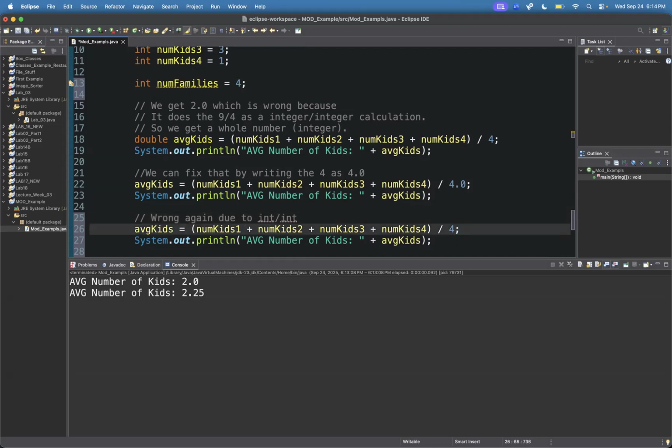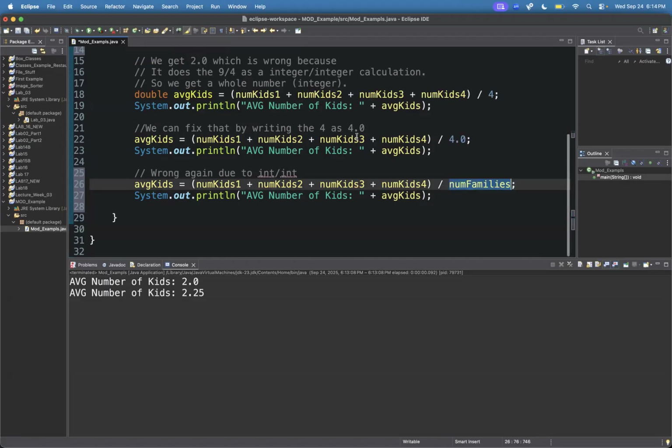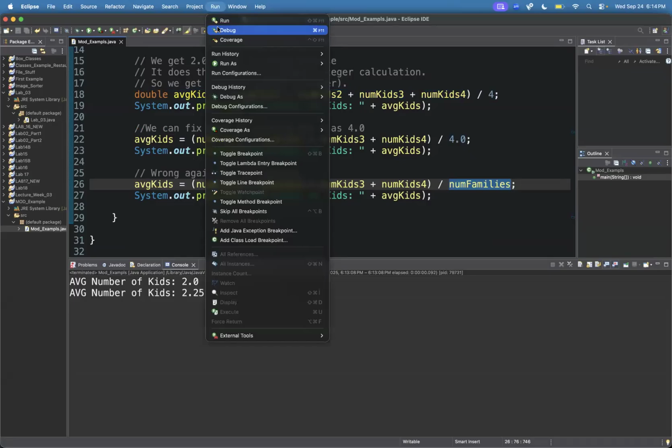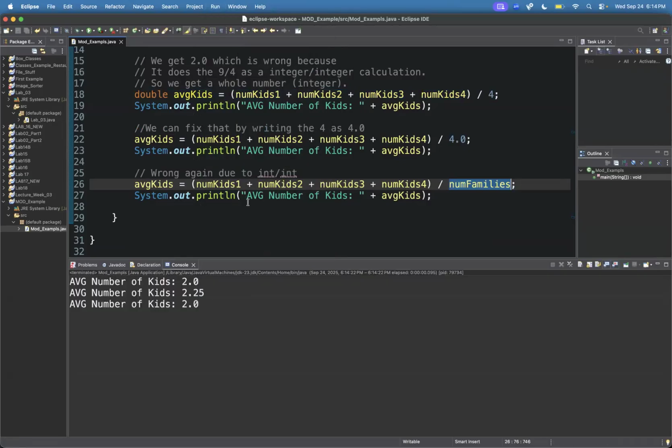If I replace this 4 with that numFamilies like that, then now we're back to the same issue because we still have integers on the top and integers on the bottom. And there's no way to fix it by writing point zero anywhere, right? Because there's actually no numbers written on this line, right? Line 26 has no numbers. So you can't just fix it the way that we fixed it last time.